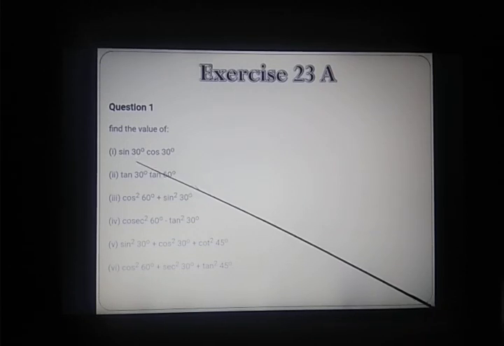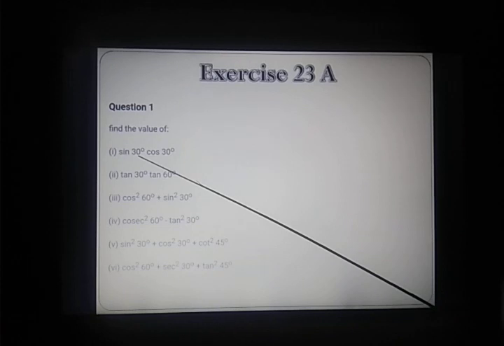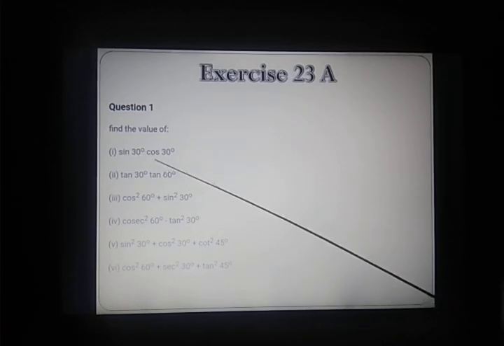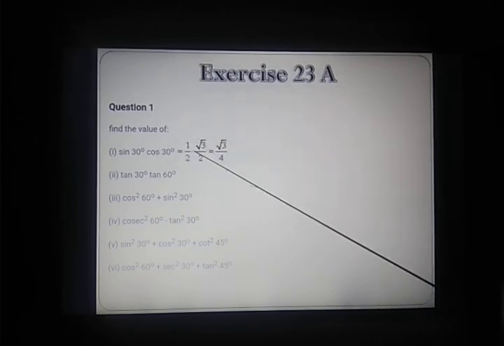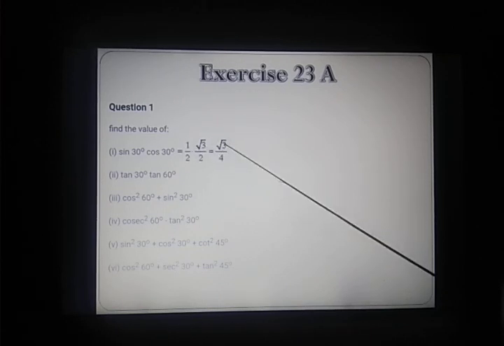From the table, the value of sine 30 is 1 by 2 and the value of cos 30 degree is root 3 by 2. So this will be equal to 1 by 2 into root 3 by 2. 1 into root 3 is root 3 and 2 into 2 is 4.